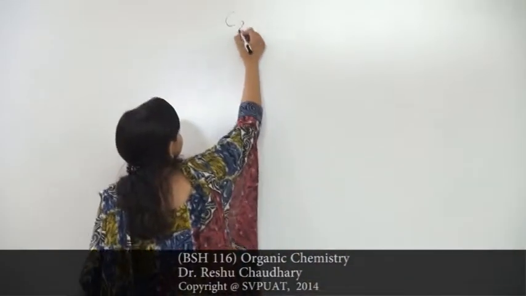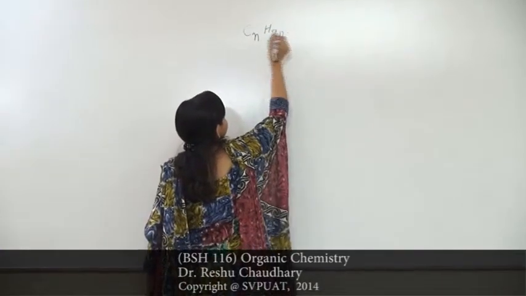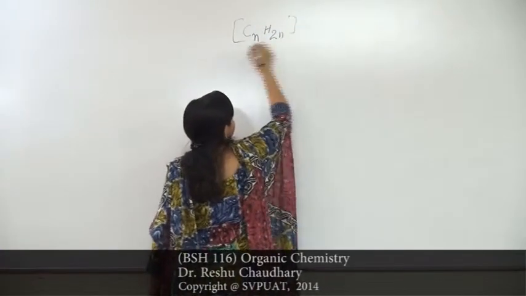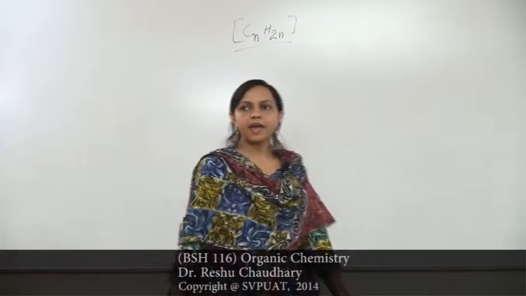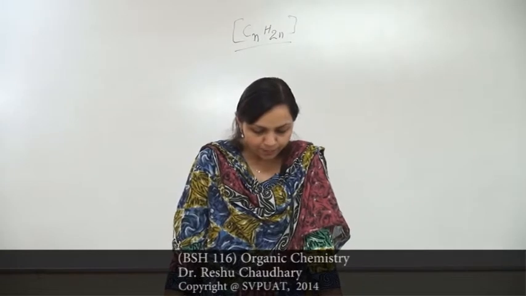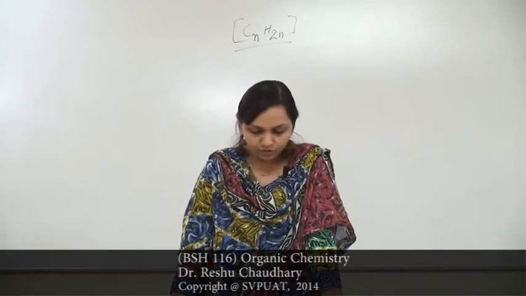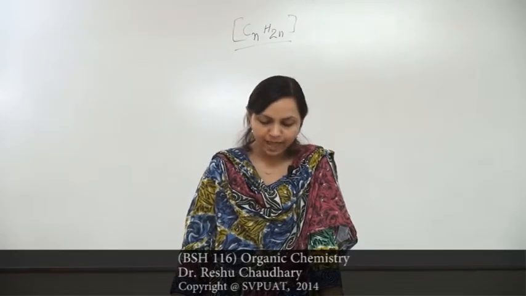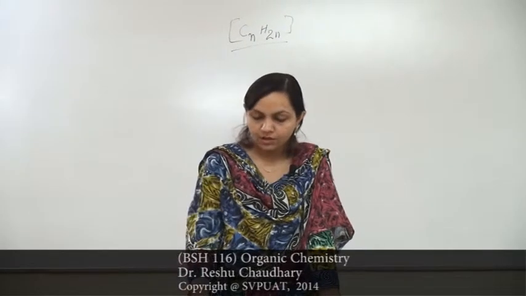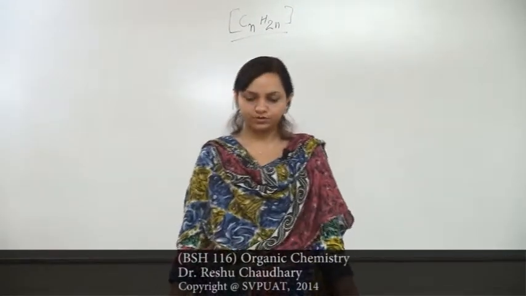This is the general formula. The alicyclic compounds are mostly composed of methylene groups, hence also known as polymethylene compounds.